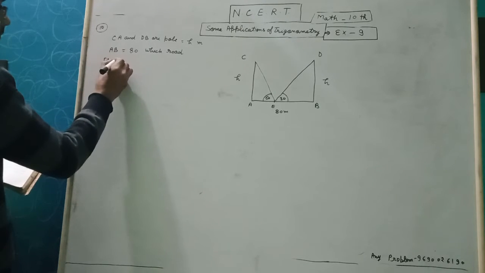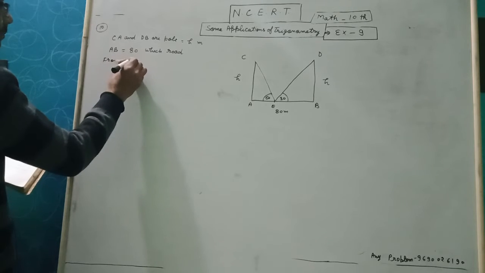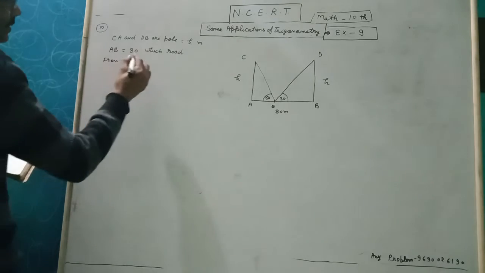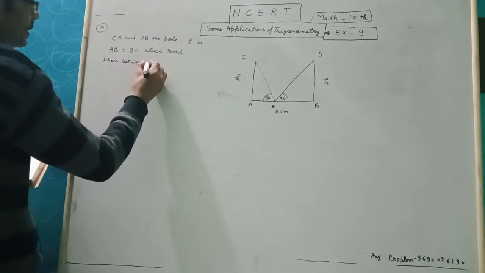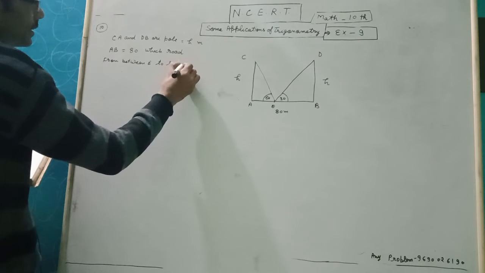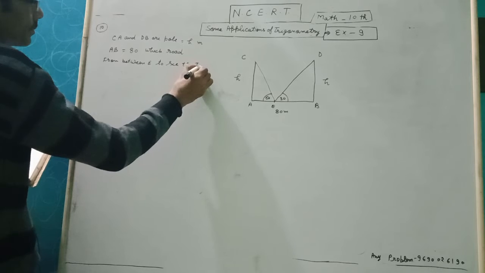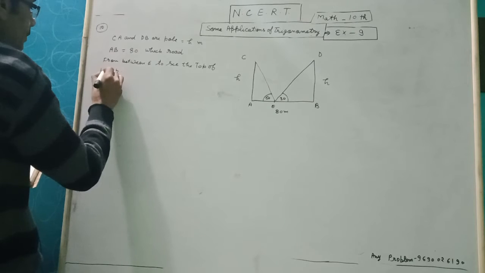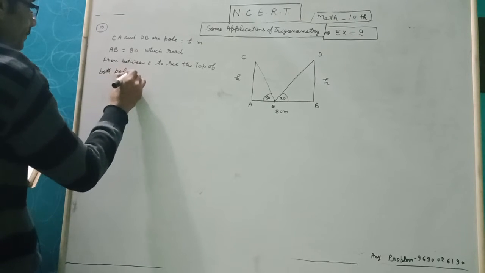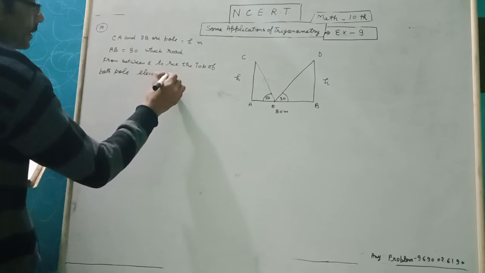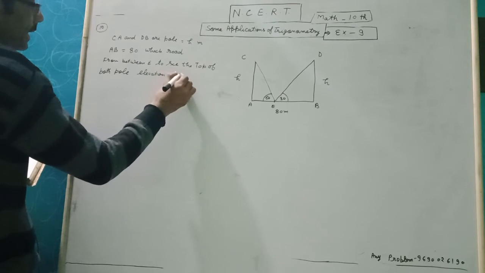From between, not the exact midpoint of AB, from between E to the top of the poles, both poles have elevation angles 60 and 30.